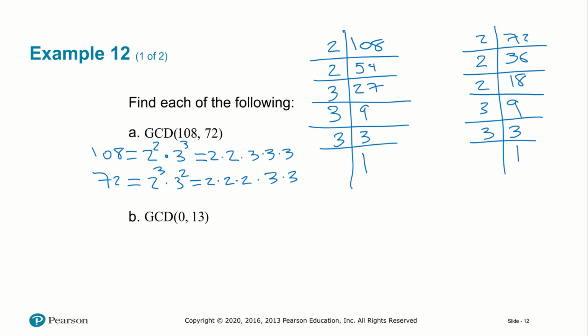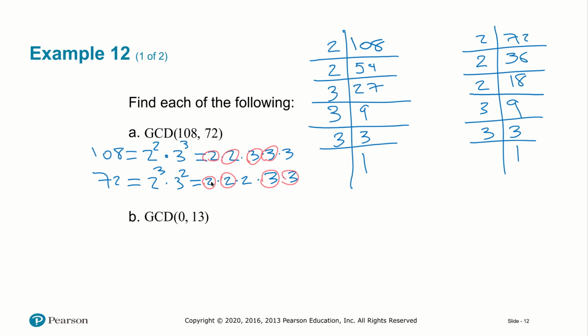So notice that they have, let's just circle all the common ones, right? They have one factor of 2 in common. They have another factor of 2 in common. They have one factor of 3 in common, and then one more factor of 3 in common, right? Notice that that is all they have in common, right?